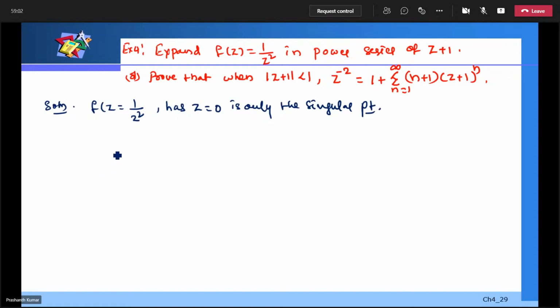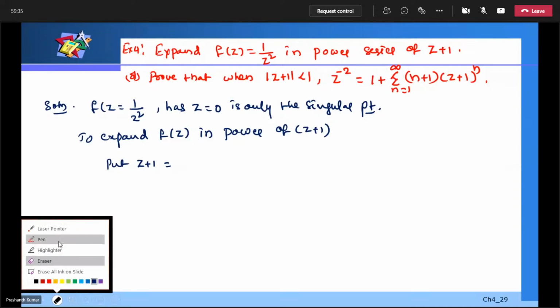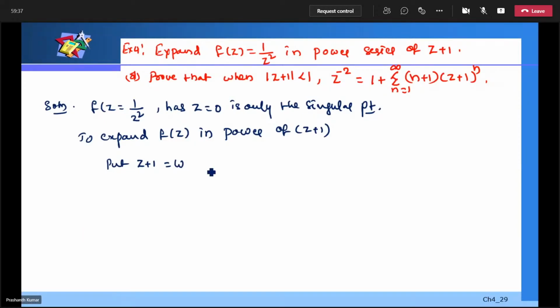So therefore, to expand this function as a Taylor series expansion, to expand f of z in power of z plus 1, we put z plus 1 is equal to w.